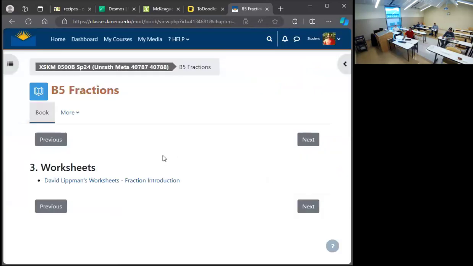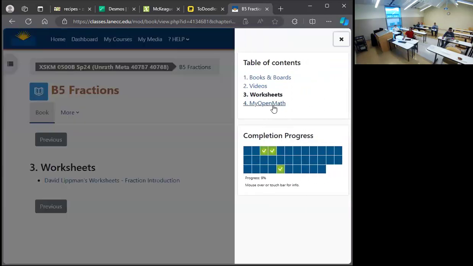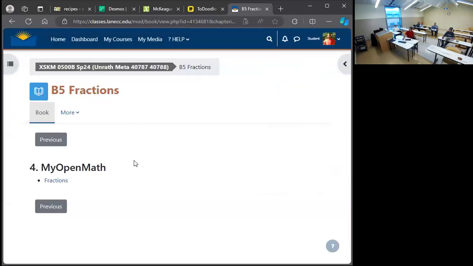And if the worksheets help you, hopefully I'll have time this week to start making some answer keys. But for now, they're just a nice thing to look at. And when you're all done with enough textbook, and this is getting old hat, then try the My Open Math and see if you can do it all. Bring questions back on Thursday. And we can start every day with questions about homework things.